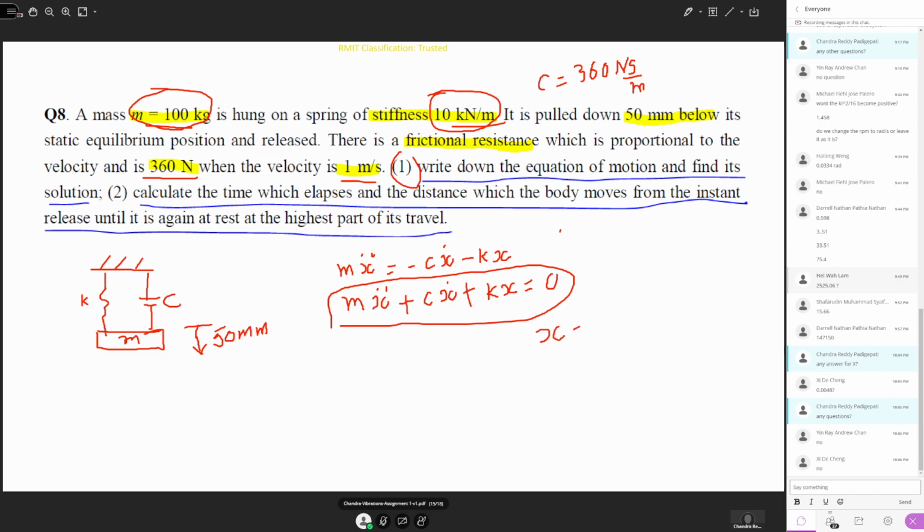I'll just briefly tell you what to do, then you can complete this question. I'll not give you the complete solution so that you can work on your own.